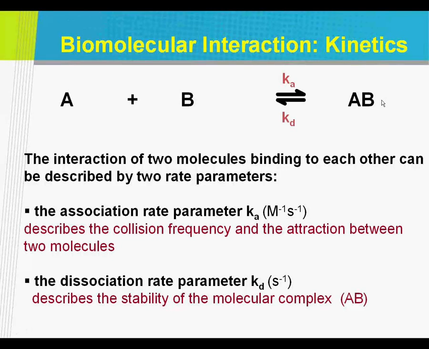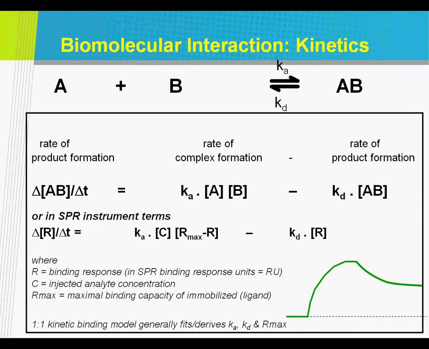That is, it will derive the association rate constant and dissociation rate constant by basically fitting the model to the experimental data. It will also derive this Rmax value, which is basically the binding capacity of the protein immobilized on the chip.